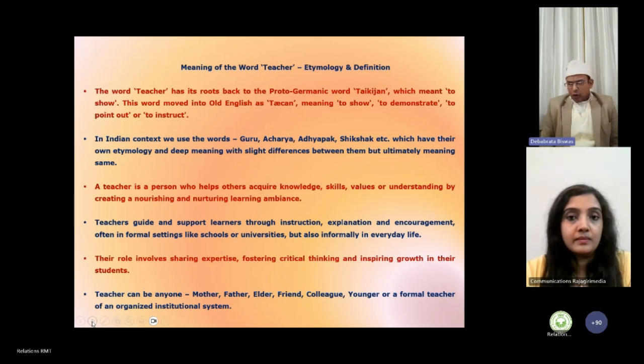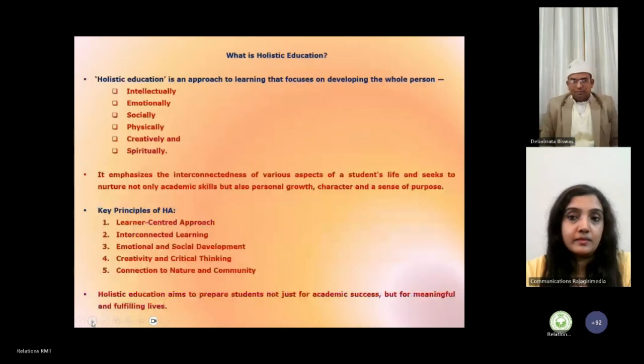Then their role involves sharing expertise, fostering critical thinking, and inspiring growth, which is the ultimate objective of education. Teacher can be anyone: mother, father, elder, friend, colleagues, younger, a formal teacher of an organized institutional system. It may be nature, it may be any inanimate object, also can be our teacher. Next slide, ma'am.